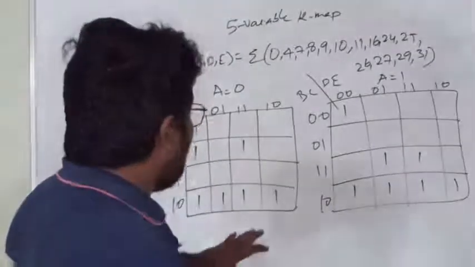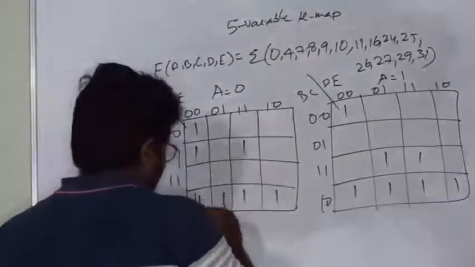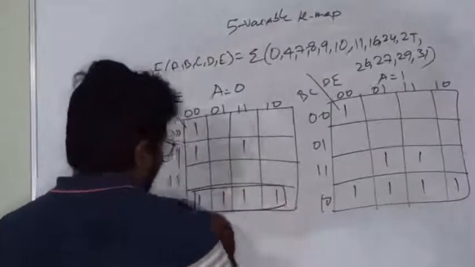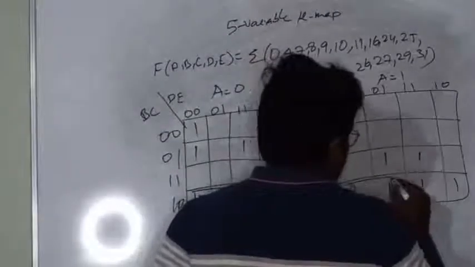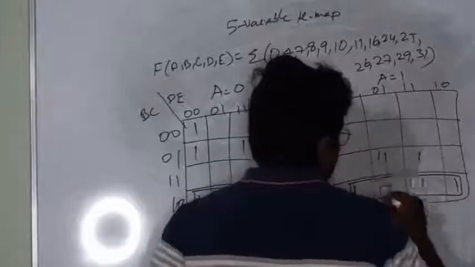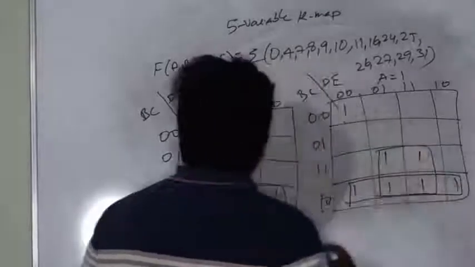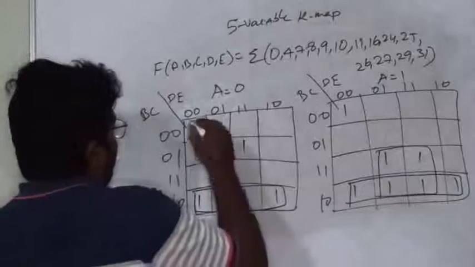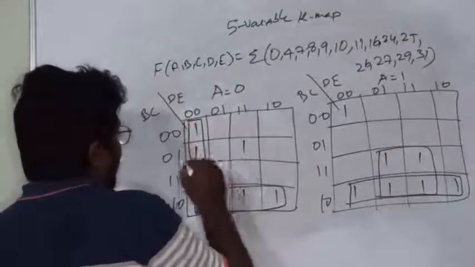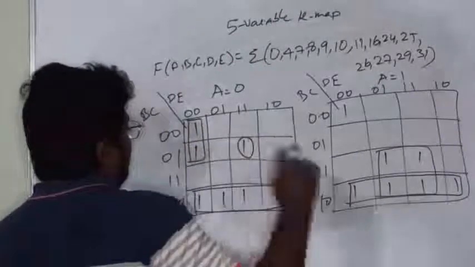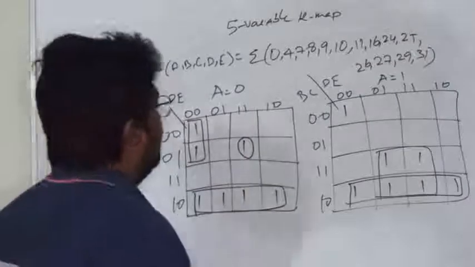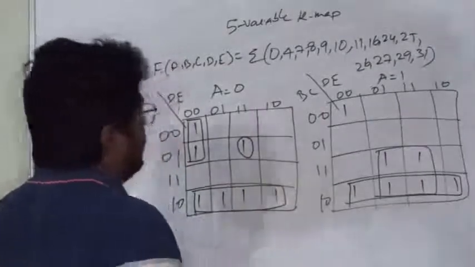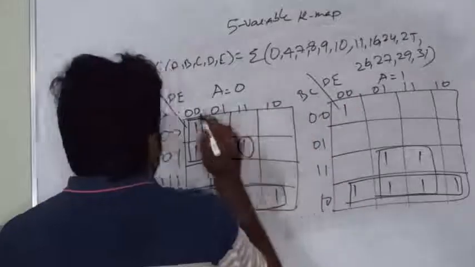So if we observe here, this is a quad, this is a quad, this one is a quad, next these two, this one is a pair, and this is the single expression, and here we are having one, right?